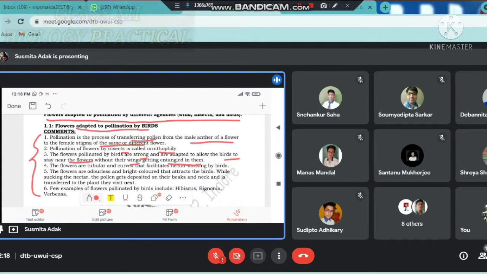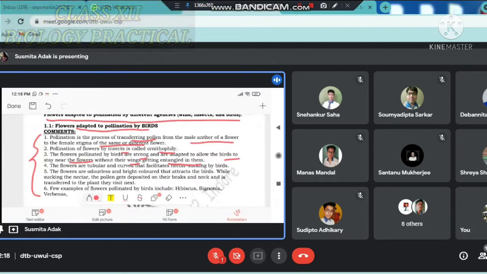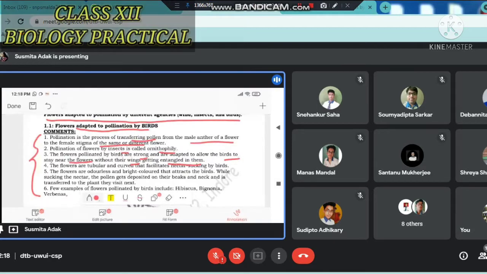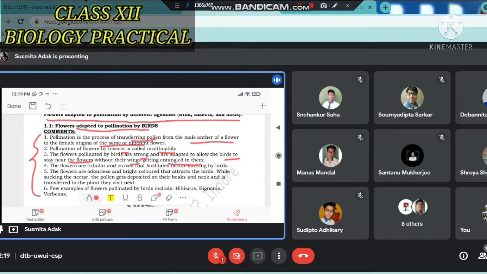Means we all know that whenever birds or any things like insects sit on a flower, the pollens will be attached to their legs and wings, so that whenever they go to another flower, this pollination process will be completed. So how will the flowers pollinated through birds look like?